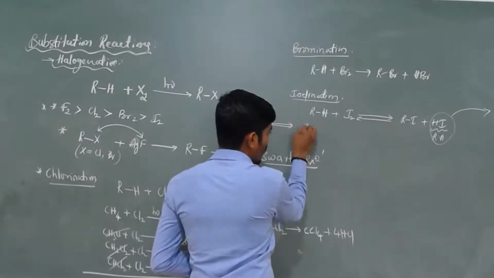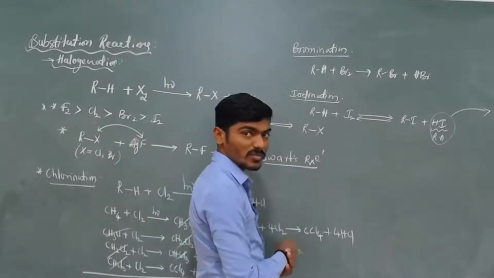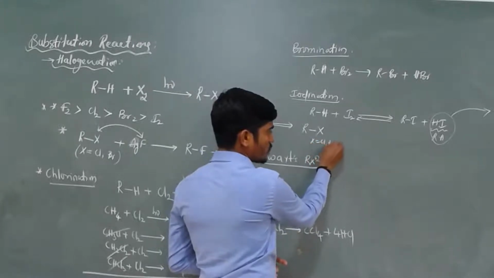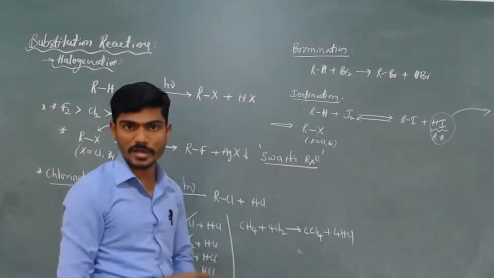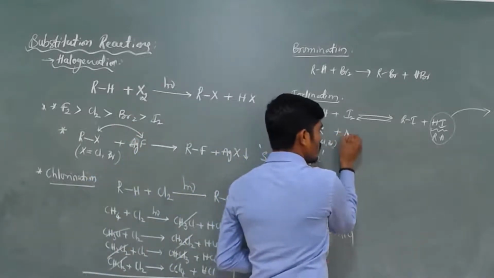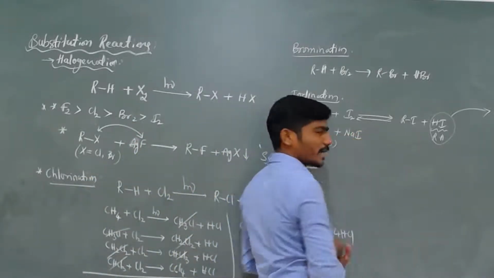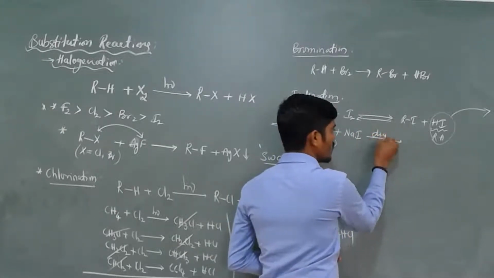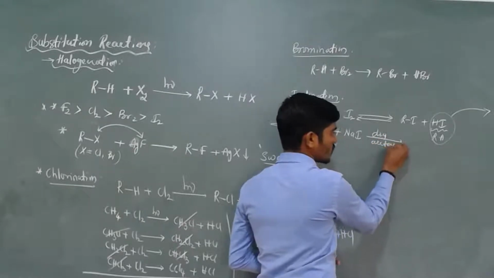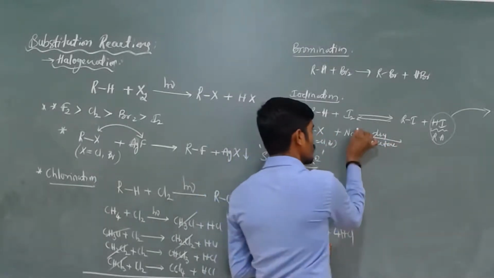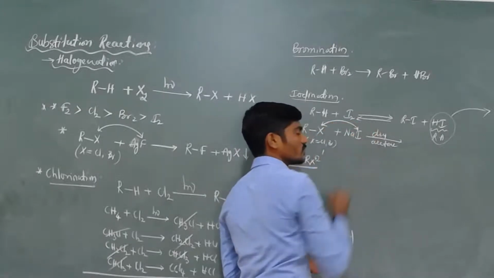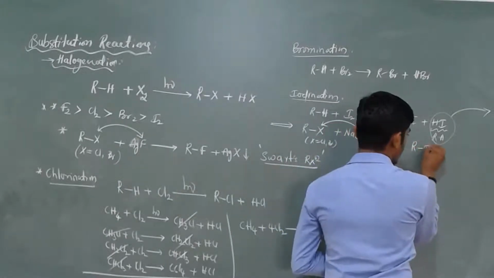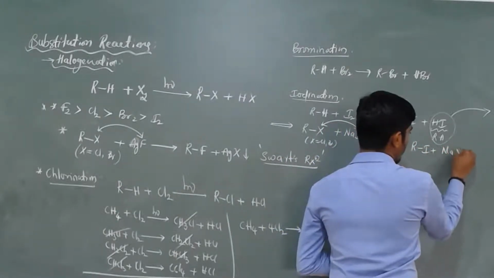RX, where X is either Cl or Br, chloride or bromide, when treated with sodium iodide in the presence of dry acetone, gives an exchange: iodine and the halogen are exchanged, giving the product RI plus NaX.